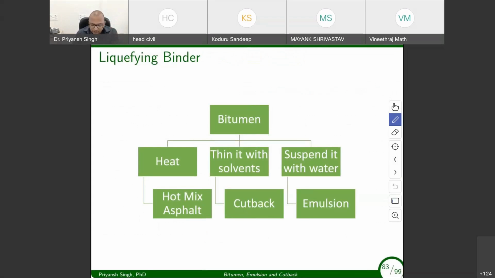Now we have seen two types of techniques to liquefy the asphalt: one to heat, one to dissolve it with some solvent. There could be a third technique to liquefy it, that is to suspend it with water. That is essentially the technique of emulsion.